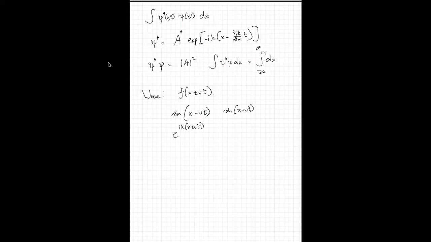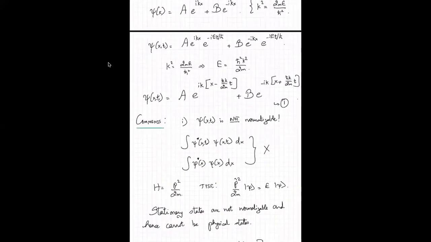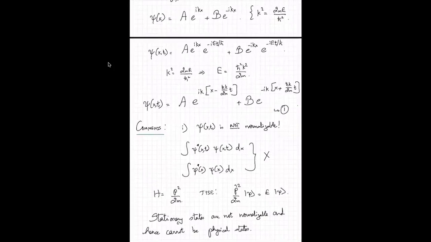And when I have sine of x plus vt, this is a wave traveling to the left. So here in equation 1, if I assume k is manifestly positive, then I can identify h bar k over 2m as velocity. And so the first part is a wave traveling to the right, and the second part is a wave traveling to the left, because it is x plus vt, right?